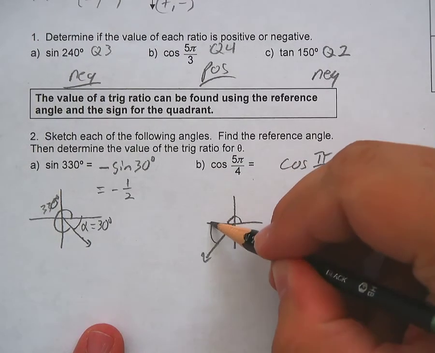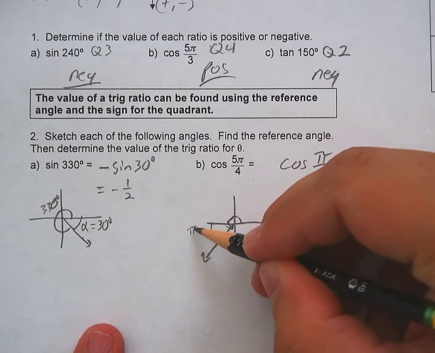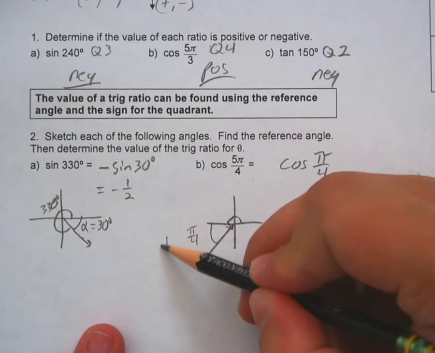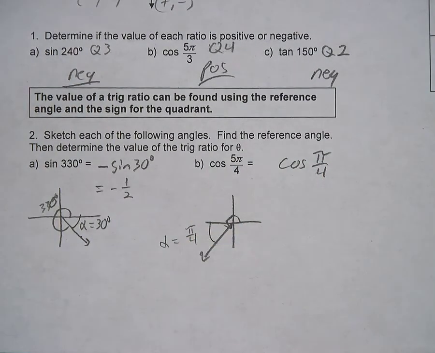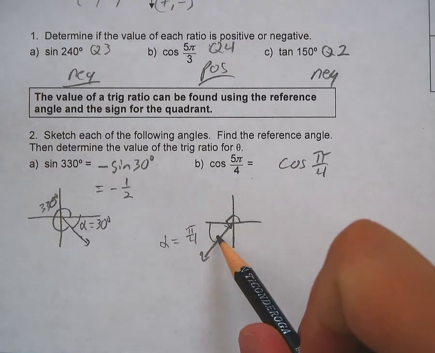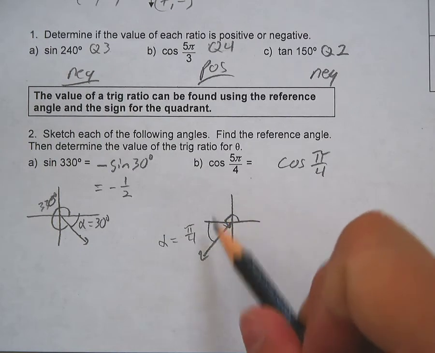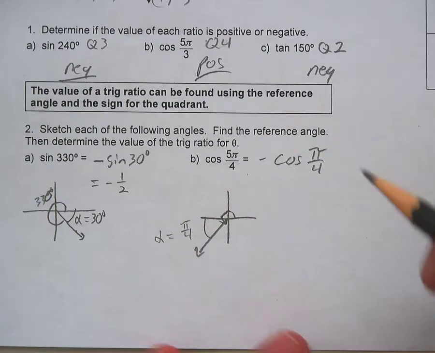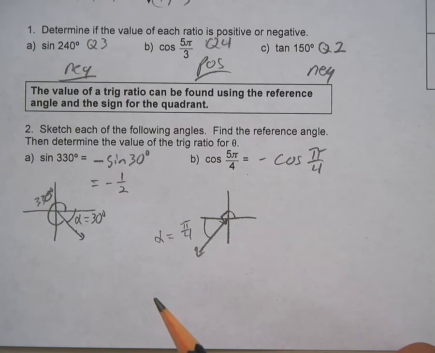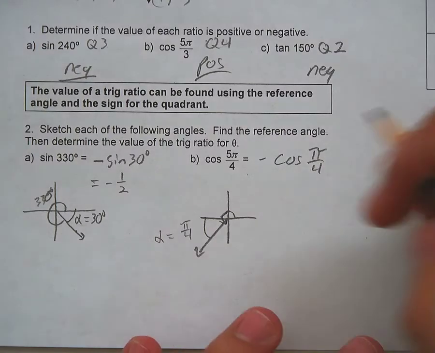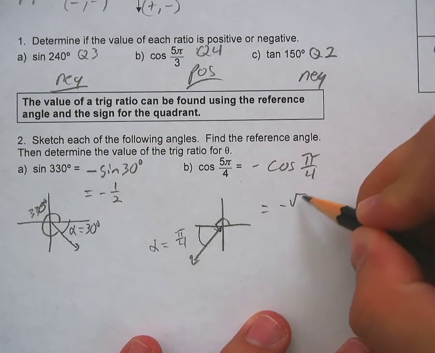So your reference angle is pi over 4. And is the x value positive or negative down here? It's negative. Here they're positive, here they're negative, so it's a negative cosine of pi over 4. And the cosine of pi over 4 is the x value at pi over 4, which is negative square root of 2 over 2.